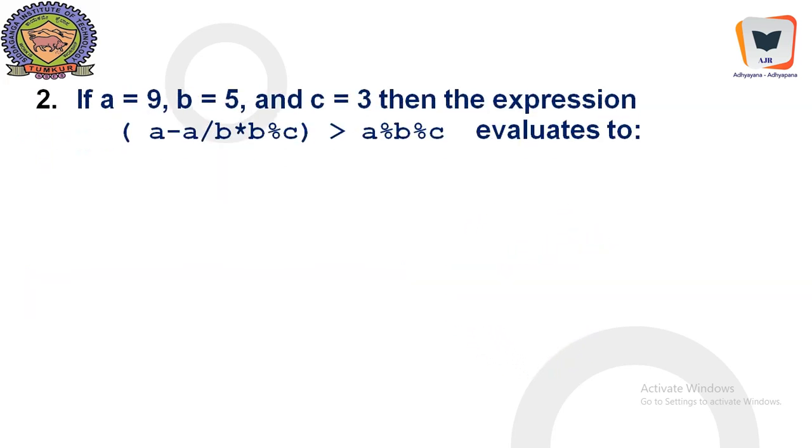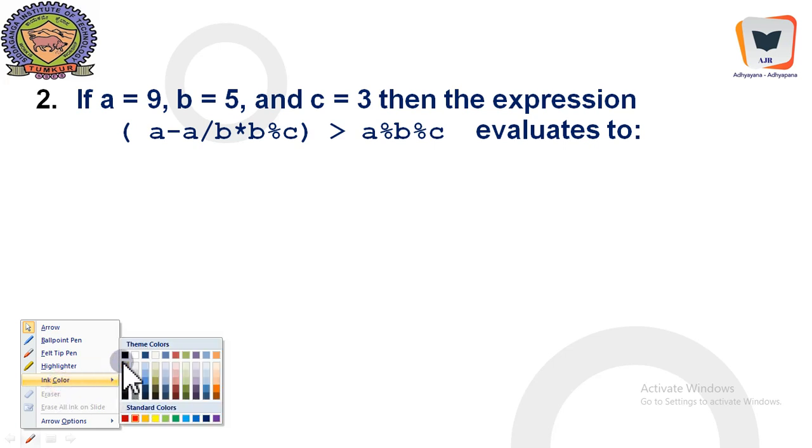If A equal to 9, B equal to 5 and C equal to 3, then the expression A minus A by B into B mod C greater than A mod B mod C evaluates to. Let us see how it works before we venture into answering this.